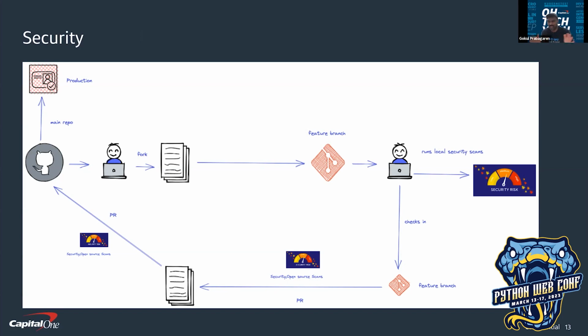Before that itself, we have enabled ways and means in which, before the code even reaches the feature branch, we have a lot of scans that happen in their local environment itself, which is closer to the development phase. Before they check in, they can do scans for containers, where you can ask for the images and whatever vulnerabilities they have, and also OSS, static, even open source, everything we can actually do on their local machine itself before it goes to the feature branch.